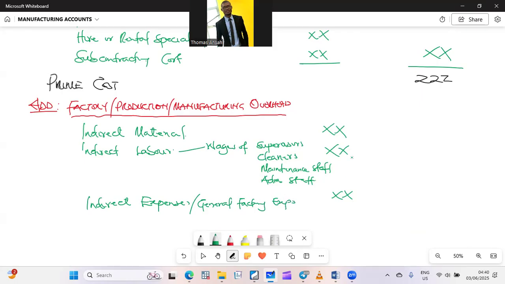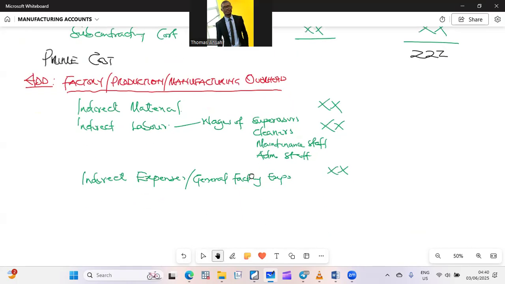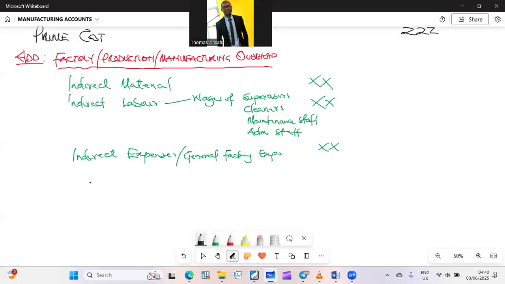All right. You know that the total of this thing is called overhead. But like I said, if there is any accrual or prepaid expense, if it is accrued expense for the factory, what do you do? You will add it. For prepayment, you take it out. All right.